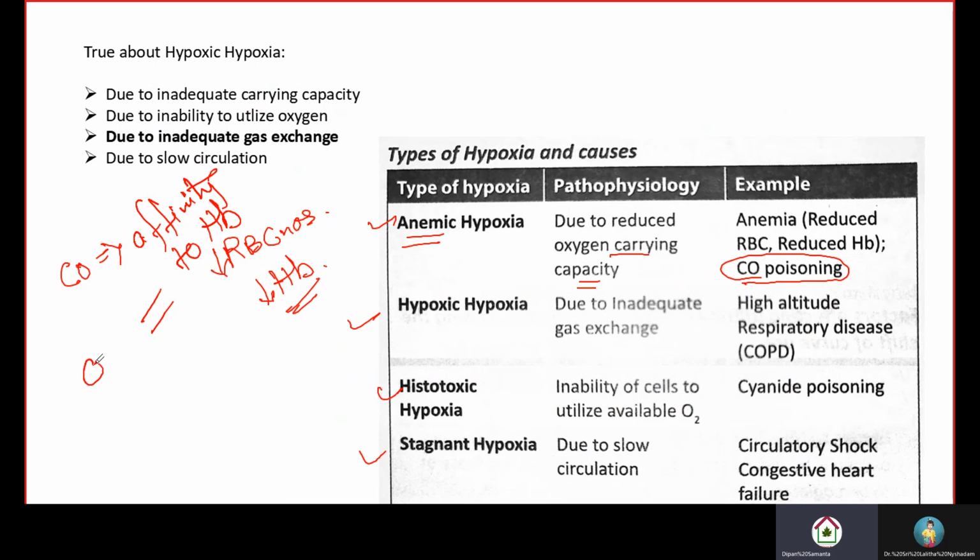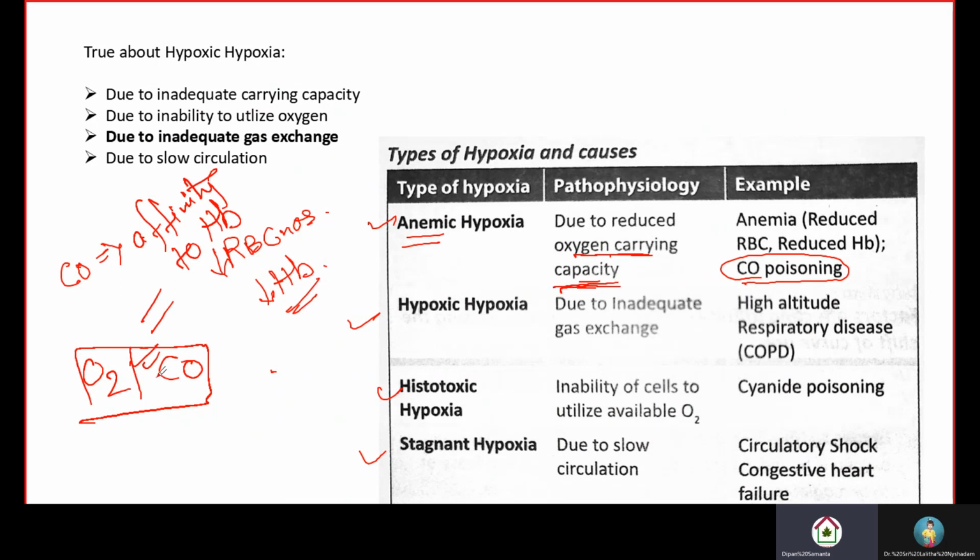So if oxygen and carbon monoxide get exposed to hemoglobin, who will bind more? Carbon monoxide will bind more, and thus oxygen will bind less to the hemoglobin and cannot be transported to the tissues. Thus oxygen carrying capacity will be compromised.